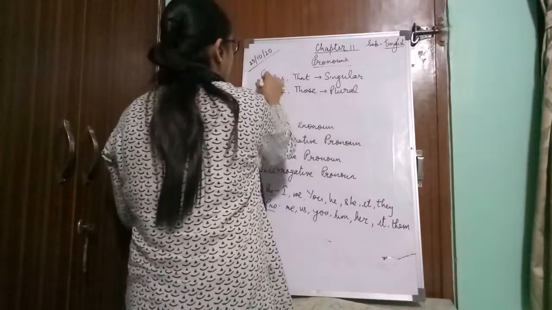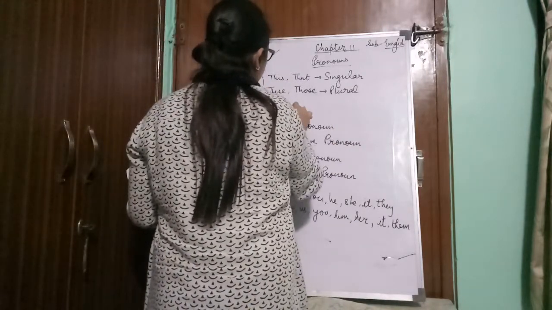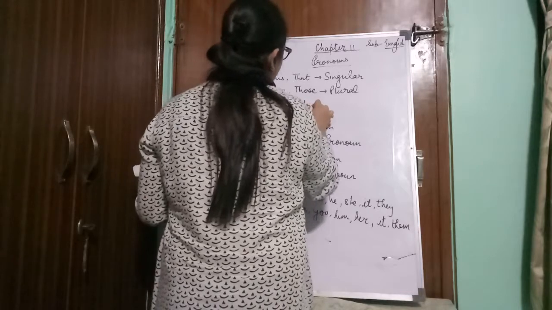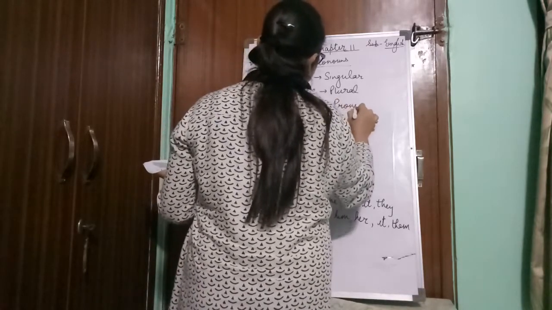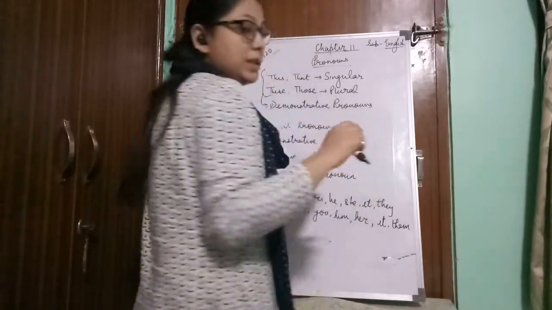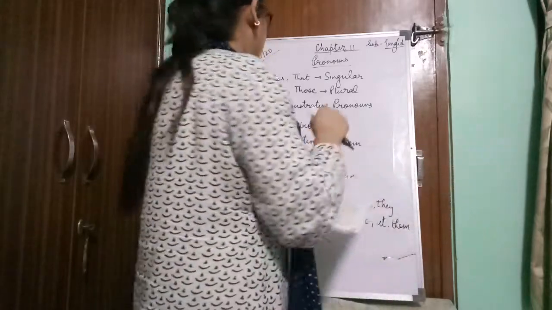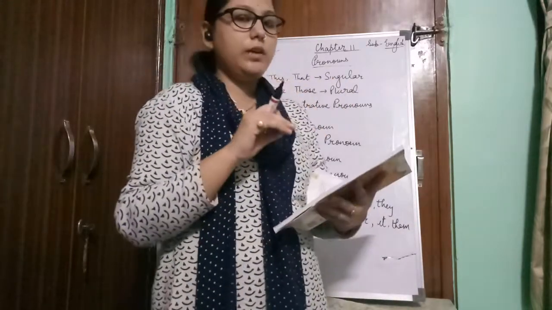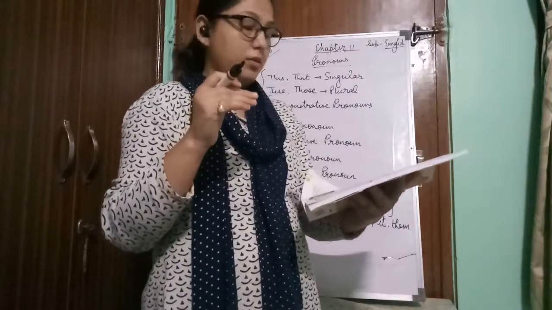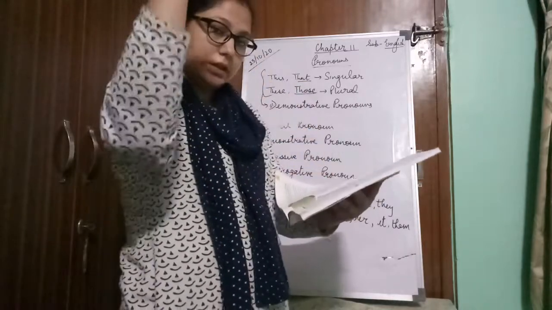These four are the demonstrative pronouns. Means they are used to point out a noun. So this and these are used to point out anything which is in a near place. And that and those are used to point out anything which is further away.